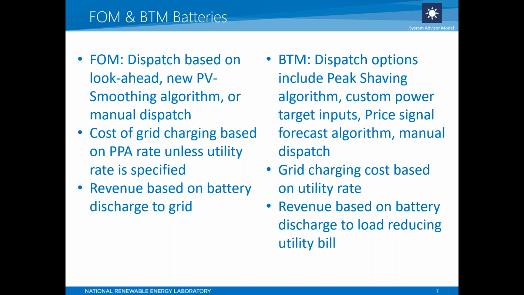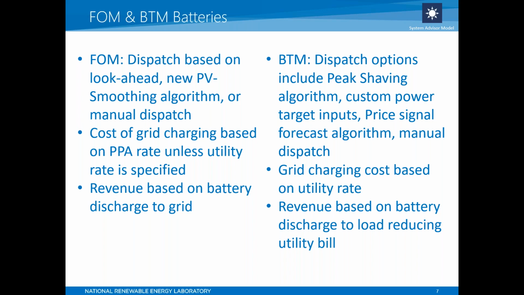These batteries can be modeled in front of the electricity meter, or FOM, front of meter, and behind the meter. For front of meter batteries, the different battery dispatch options include a look ahead forecast, a new PV smoothing algorithm that Brian will go into more detail on, or manually defined dispatch, where the user puts in a dispatch schedule of when the battery can charge and discharge.